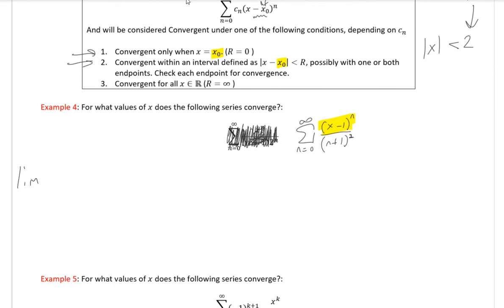If we do the ratio test by doing the limit as n approaches infinity, we have first, if we plug in n plus 1, we have (x minus 1) to the n plus 1 over (n plus 2) squared times the reciprocal of the original, (x minus 1) to the n power.